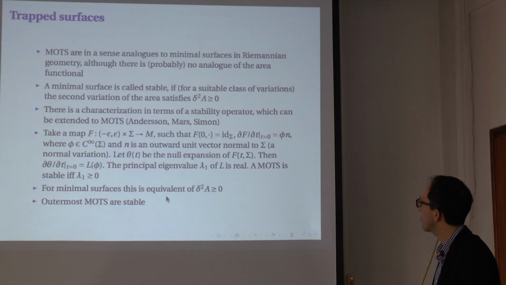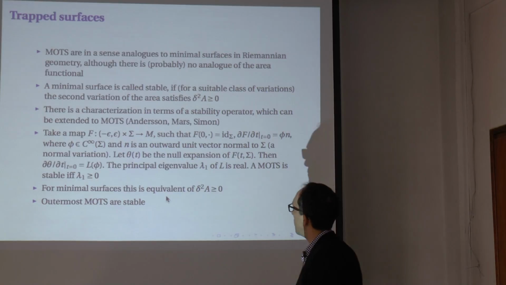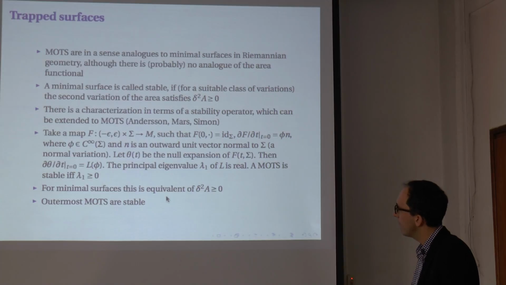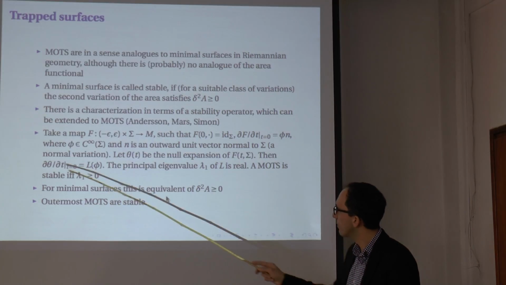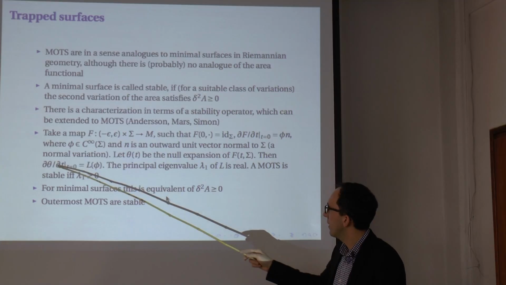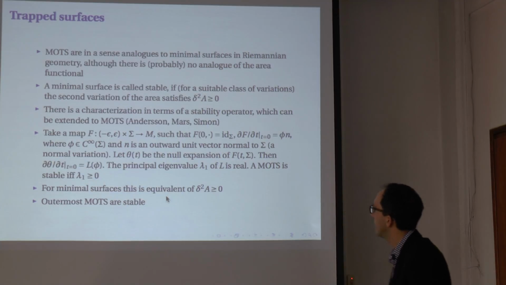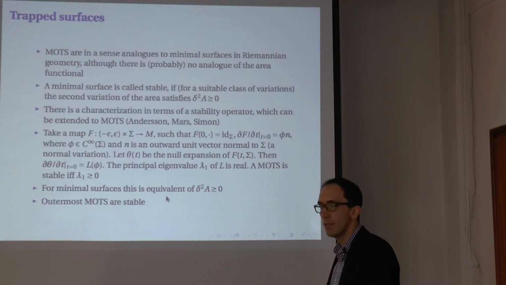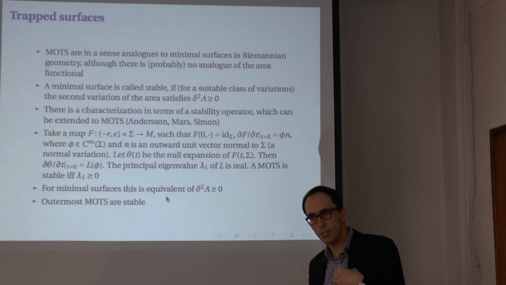The idea is to construct a certain operator that would reflect the way in which a variation of the surface acts, and then it turns out that it has a principal eigenvalue, the one with the smallest real part, which is completely real.